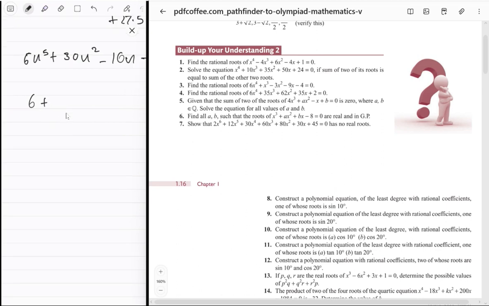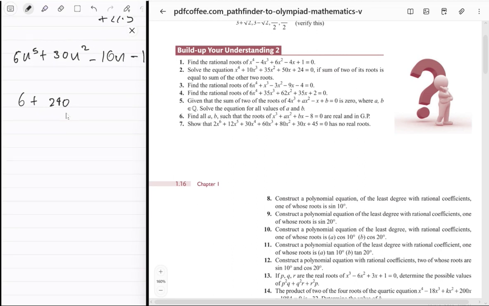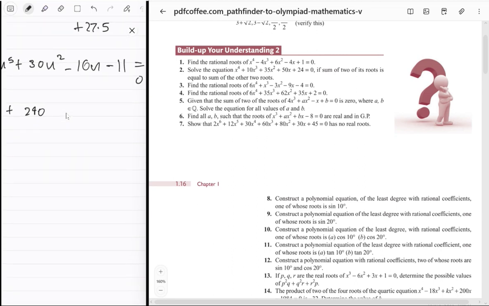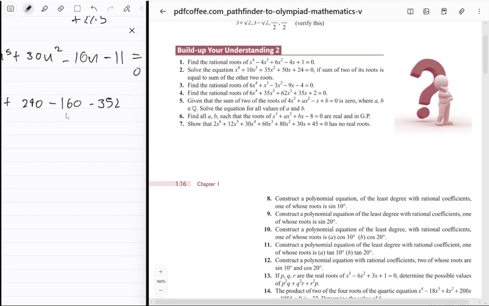And plus 2^5, like 2 cube over this, 8 times 3 is 240, minus 10 times 2^4, so minus 160 or something, and then minus 11 times 2^5, 32. It's going to be minus 352 or something like that. Nope, won't work. Nothing will work like this.